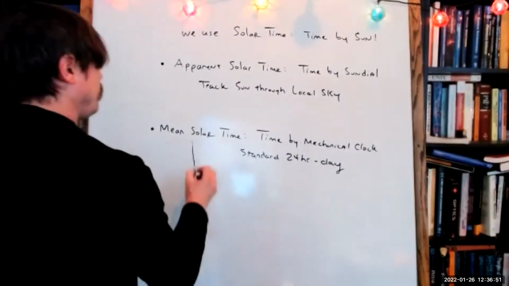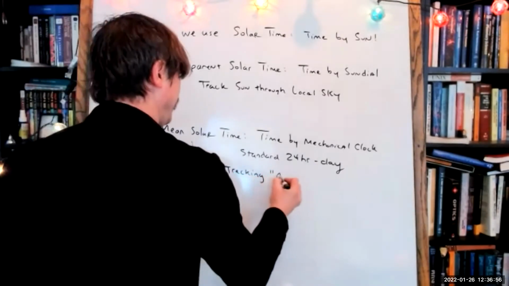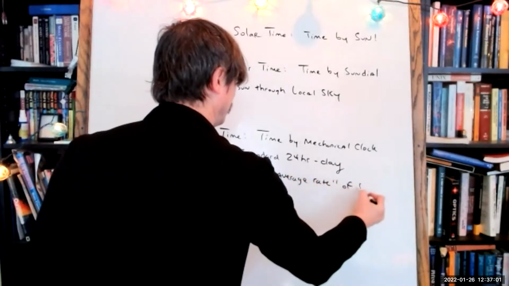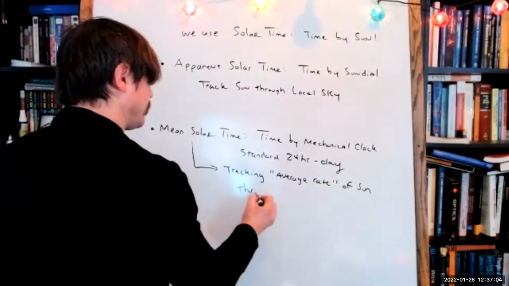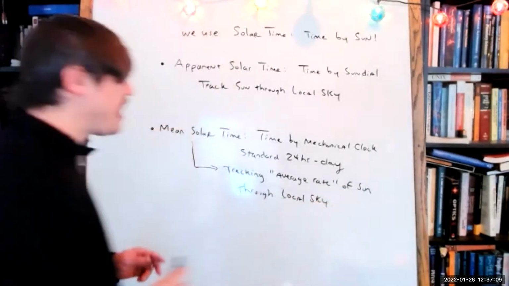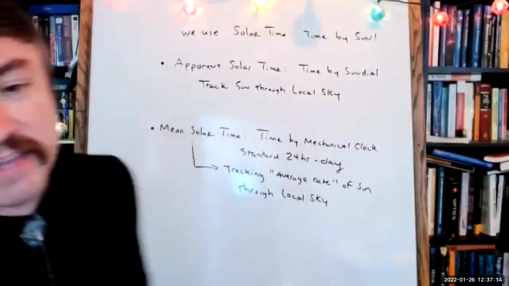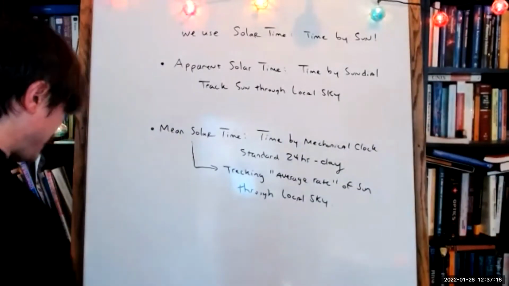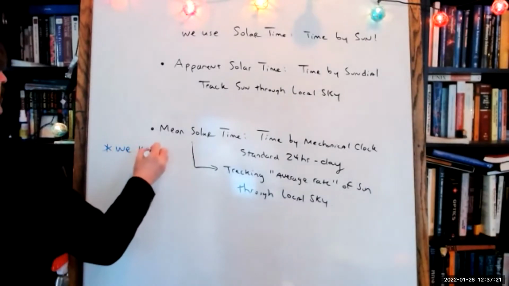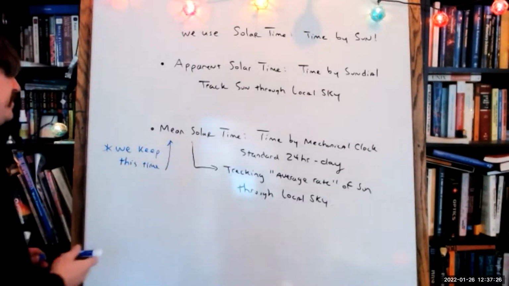And you can do so by tracking the average rate of the sun through the local sky. That's not as easy as it sounds, okay? Tracking the average rate of the sun through the local sky. Please make a note to self. We keep this time.